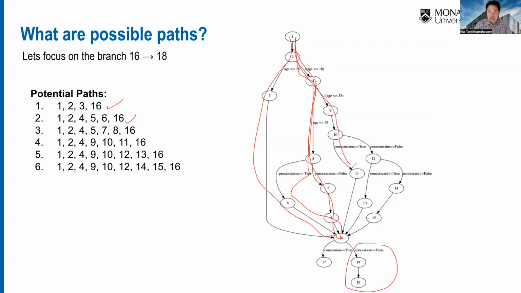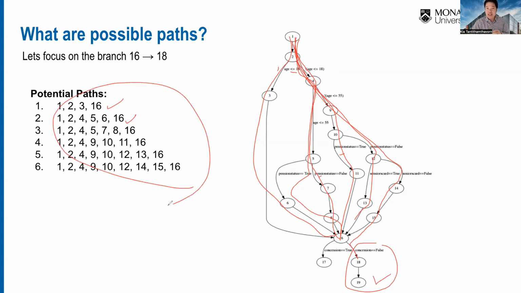Then 1 2 4 9 10 11. How many already? 1, 2, 3, 4, 5, and this is 6. There are 6 feasible paths before we can reach lines 16 and 19, right? So these are the 6 feasible paths that we need to consider.